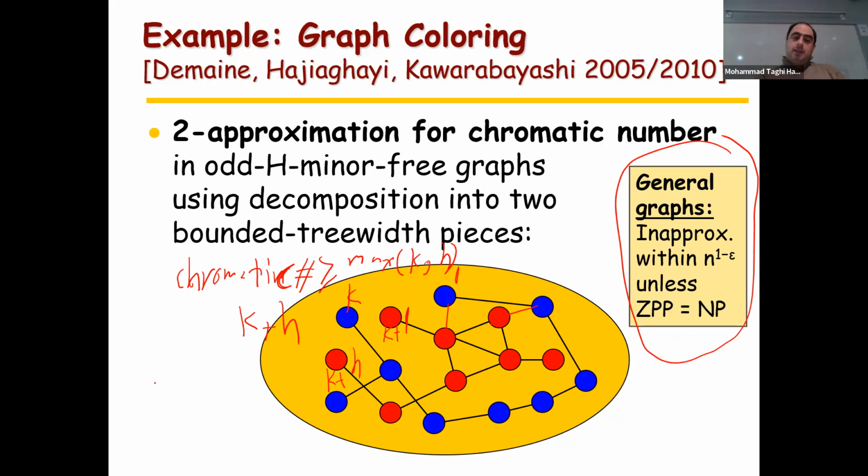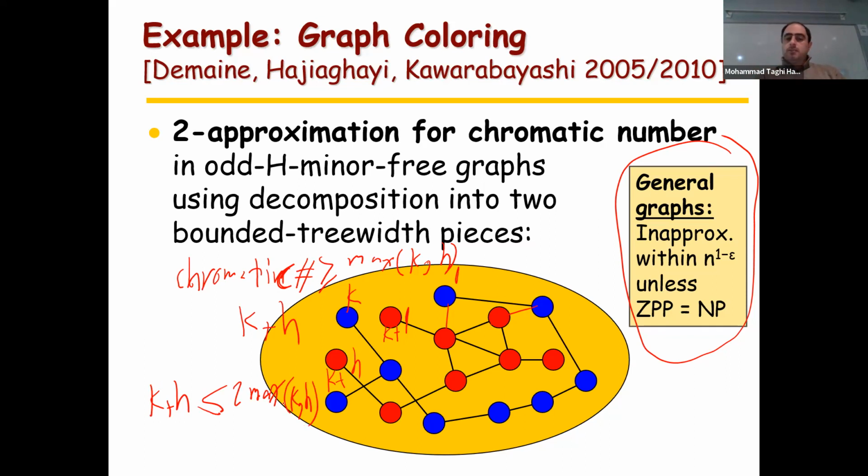And you can always say that K plus H is less than or equal to 2 times the max of K and H, correct?